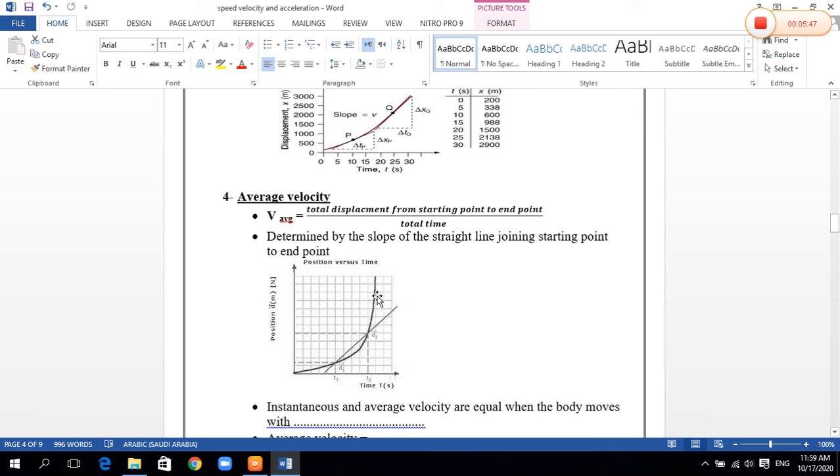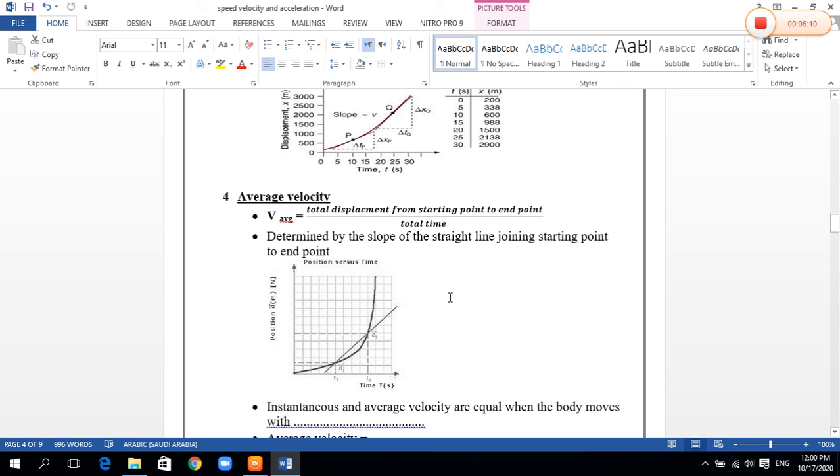Now we have the curved path on the graph. We draw a line from the starting point, intersecting the curved line of the graph, to the ending point, and we find the slope of this line. In this case we're going to find the average velocity.